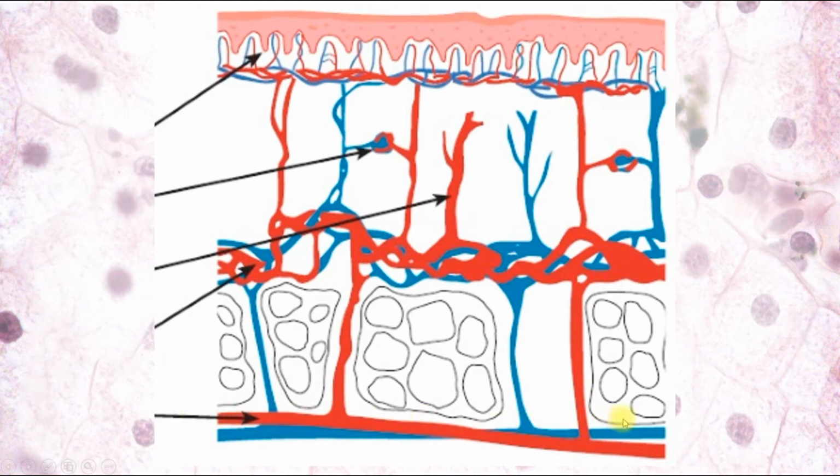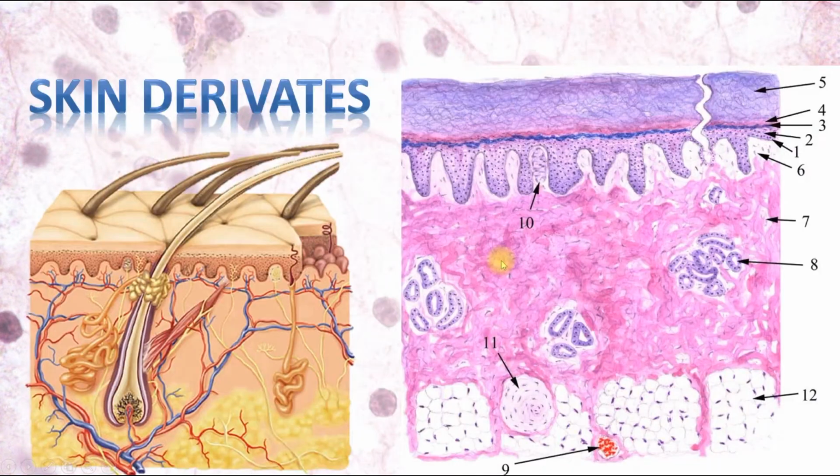The biggest blood vessels are located under the hypodermis. They give branches to the deep plexus of dermis, and branches from the deep plexus go to the superficial plexus, which forms networks inside the papilla. And here we can see this structure: three networks, three levels of localization of blood vessels.